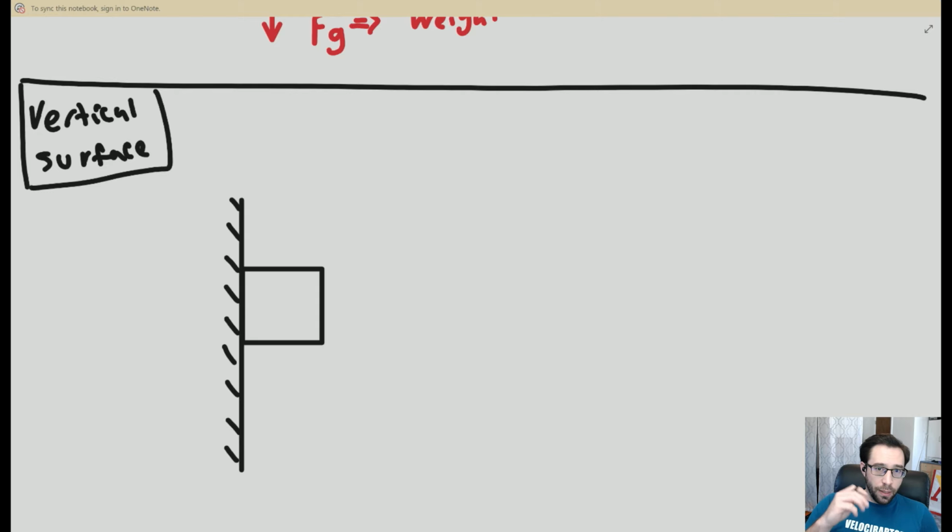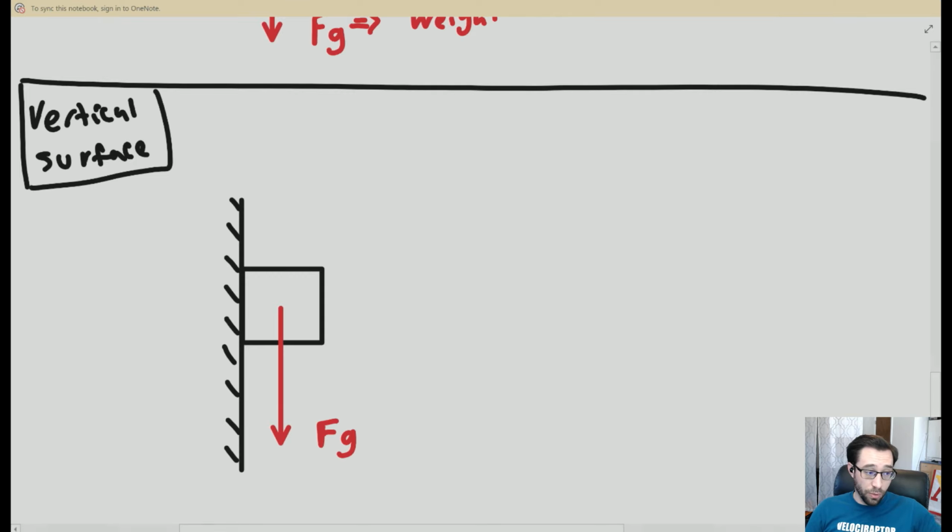So, in that particular situation, what are the forces acting on this box? If I have a mass and it's on Earth, the force of gravity is always going to be affecting it. So the force of gravity is going to be present. And this is the instant that I have removed my hand.